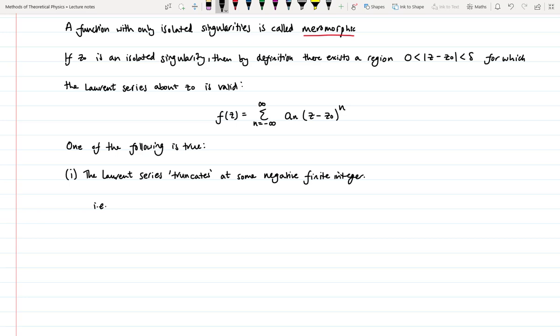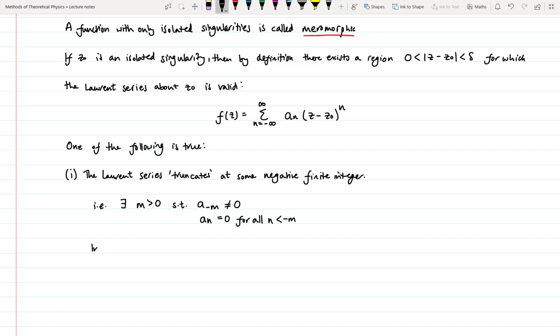I can write this as there exists some positive integer m such that the coefficient a minus m, so that's the coefficient associated with z minus z0 to the power of minus m, does not equal 0. But on the other hand, for all negative n less than minus m, all of those coefficients are 0.